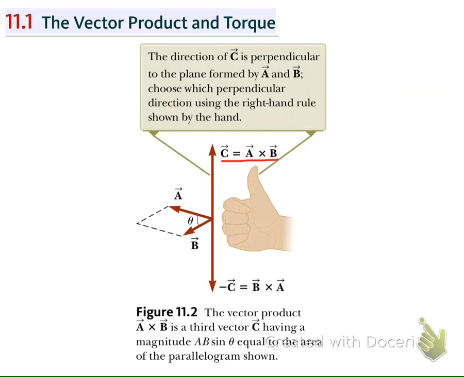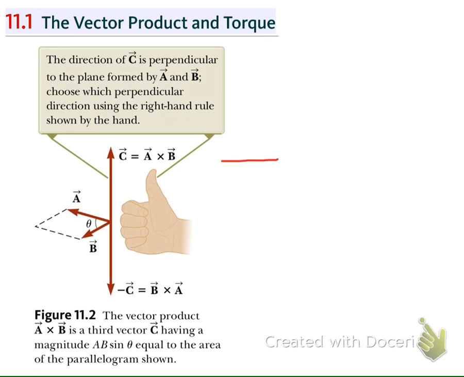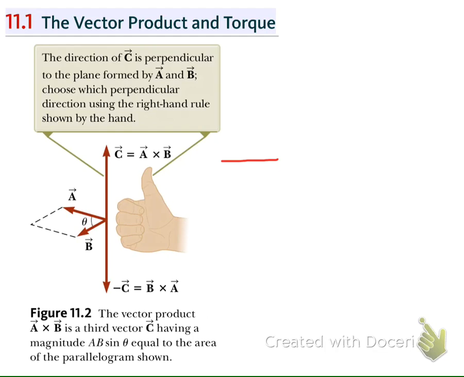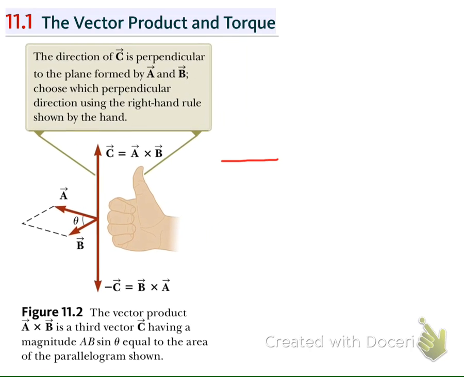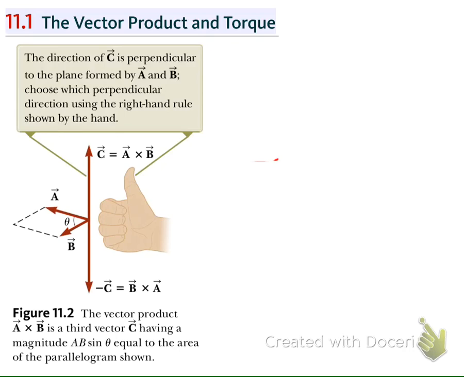By definition, the cross product A cross B, which we call C, will have the magnitude C equal to AB sine theta.